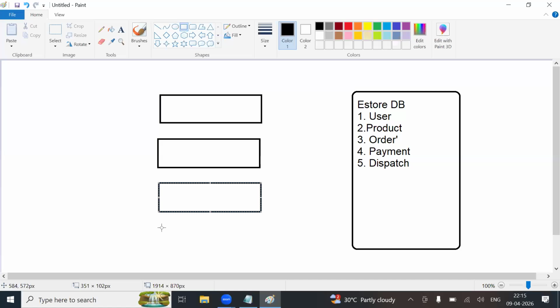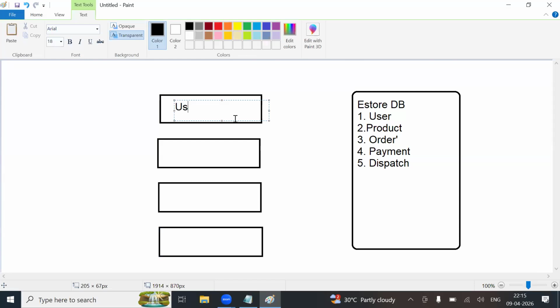So how many microservices did I build? 4 microservices. One is a user microservice. Another is a product microservice. Another will be order and payment, where order and payment happen in the same microservice. And I have a dispatching service.